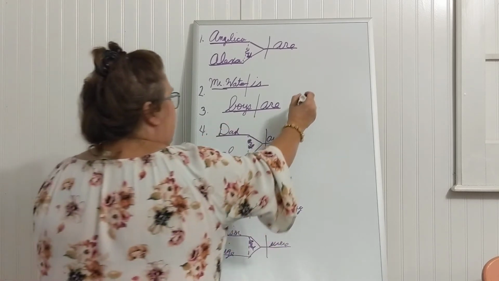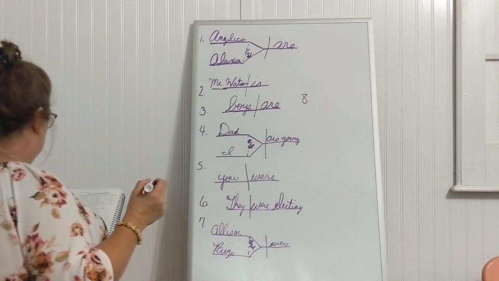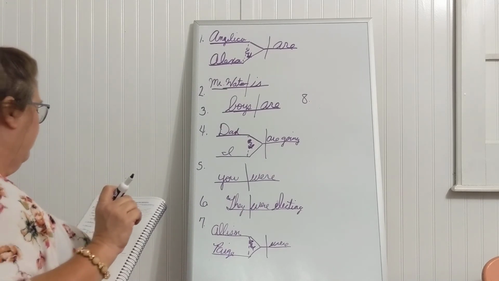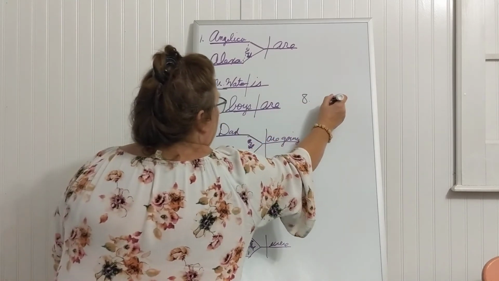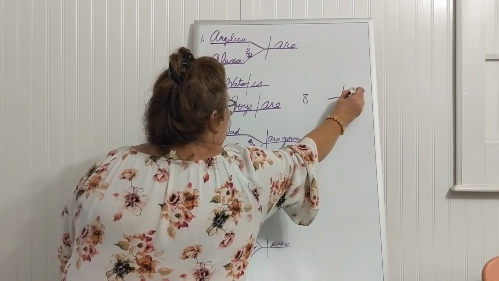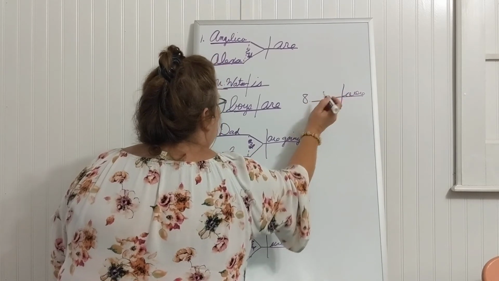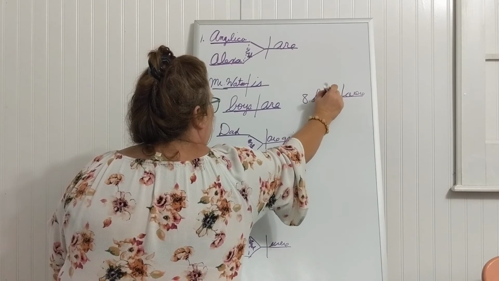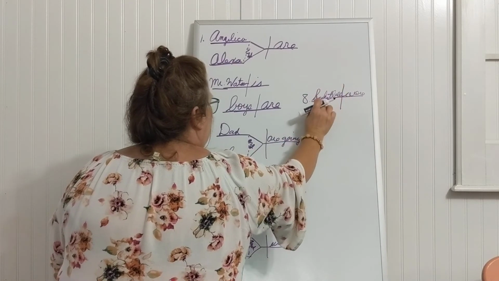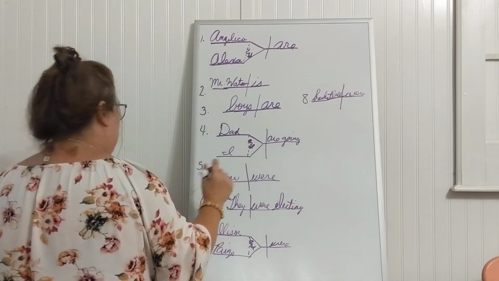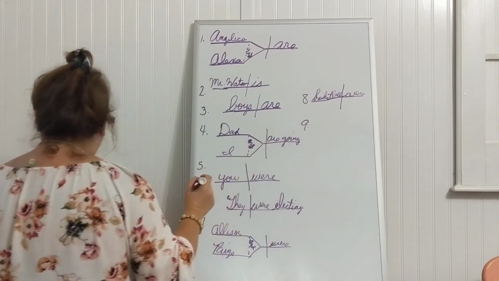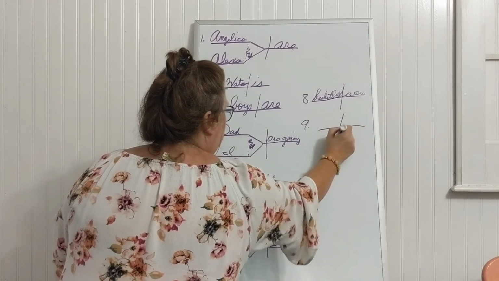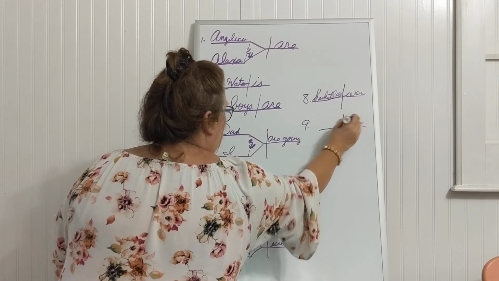All right, number 8. Our sentence says there weren't 3 basketballs in the bag, so our verb is were. And who or what were? Basketballs. Basketballs were. Plural subject, plural verb. Number 9. You weren't here last week. Were is our verb. Who or what were?